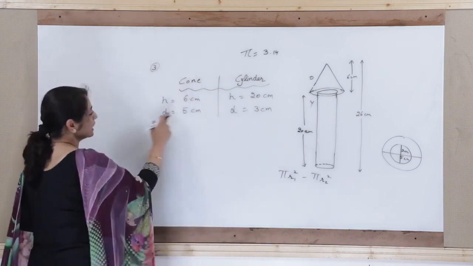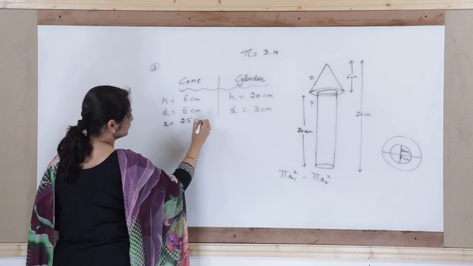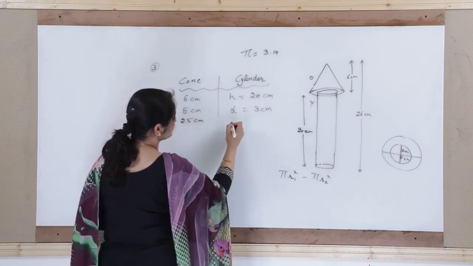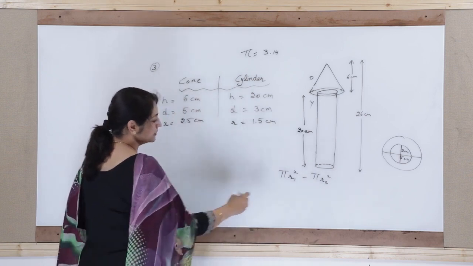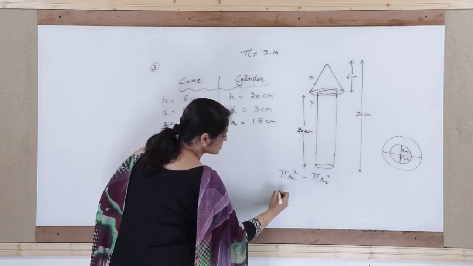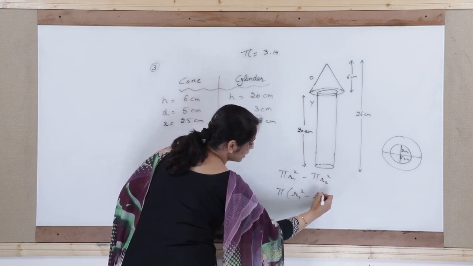Here, the diameter of the cone is 5 cm, so the radius will be 2.5 cm. And the diameter of the cylinder is 3 cm, so the radius will be 1.5 cm. So here we can take pi as common, and in the bracket we will have R1 square minus R2 square.